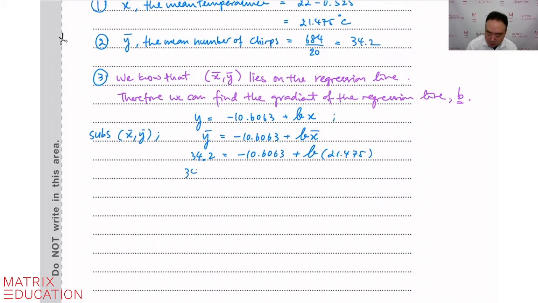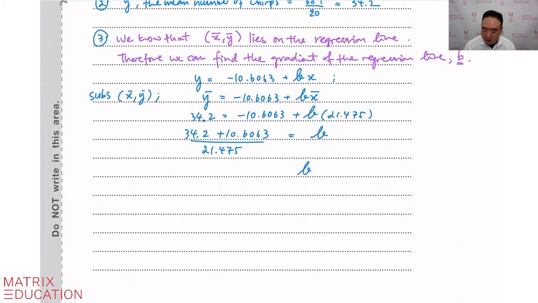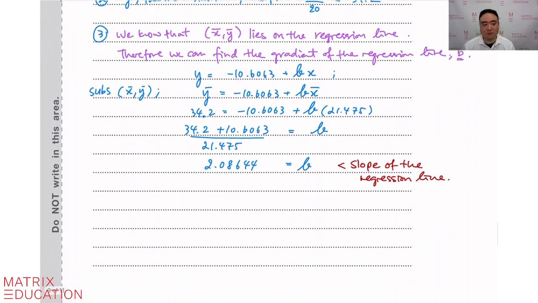So 34.2 plus 10.6063, all divided by 21.475, and that's my value of b. So b is 2.08644, and that is the slope of the regression line.